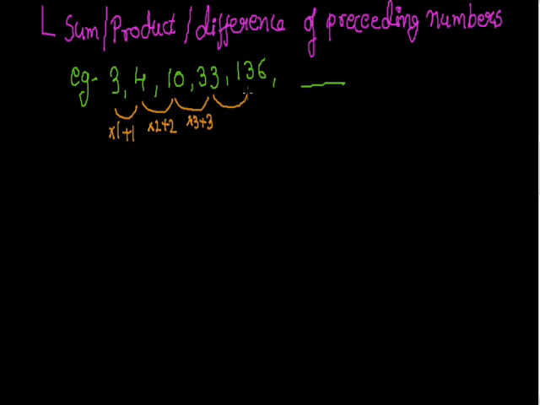Next, when we multiply this 33 with 4 and add 4 to it, we will get 136. So our next number should be when we multiply this 136 with 5 plus 5, that means 680 plus 5. So our answer will be 685.